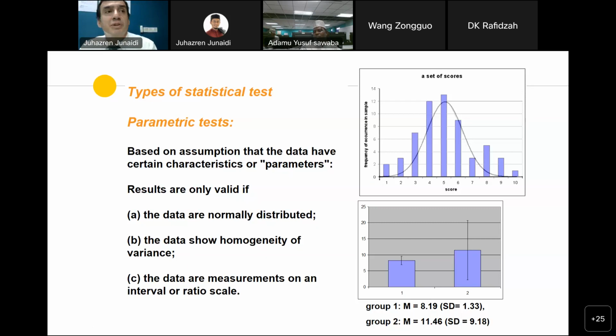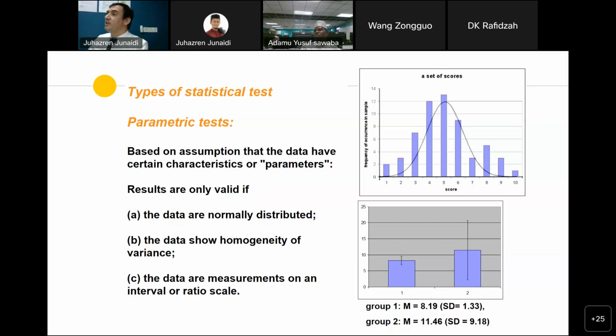What is homogeneity of variance? You have a variance. Variance means how the data is distributed, okay? But the scores start from 50 and go up to 60. There is a hard going up, hard going down, so a bumpy distribution.